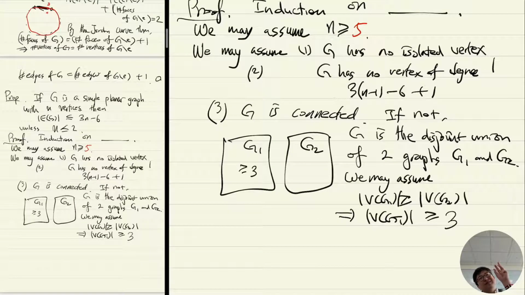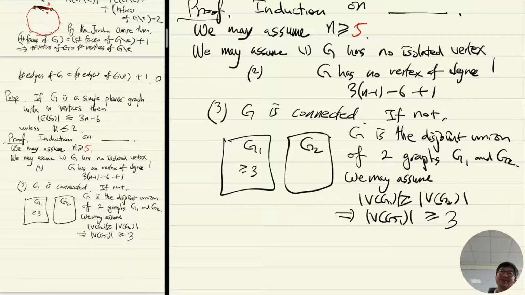So if I have 4 vertices, 4 choose 2 is 6. So that 6 is the maximum number of edges. Whereas 3 times 4 minus 6 is again 6. So this is tight. So I can assume that n is at least 5. That means G1 must have at least 3 vertices. That's good.